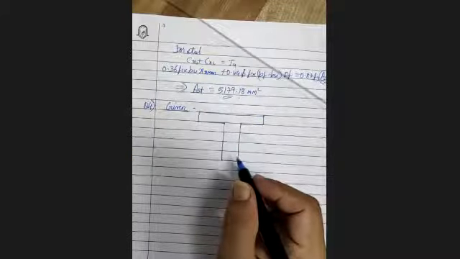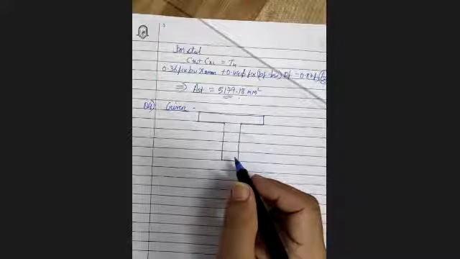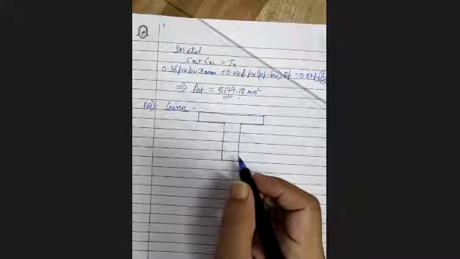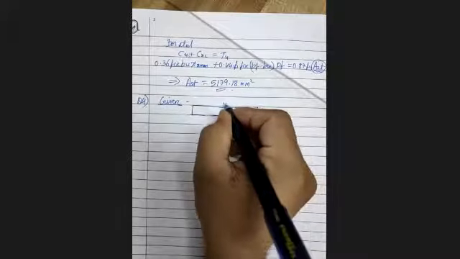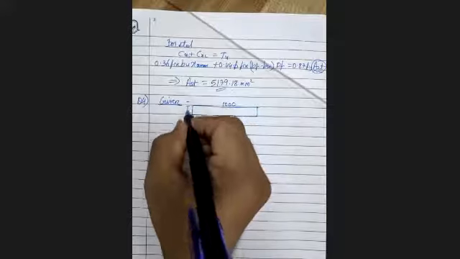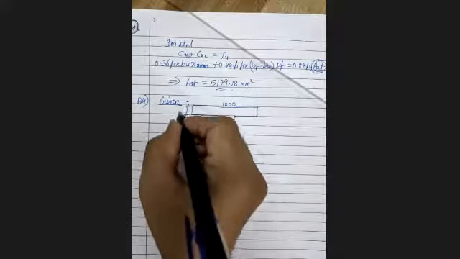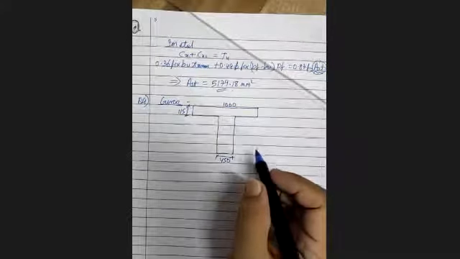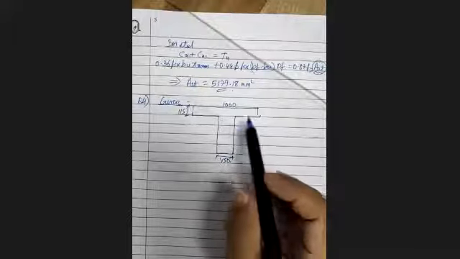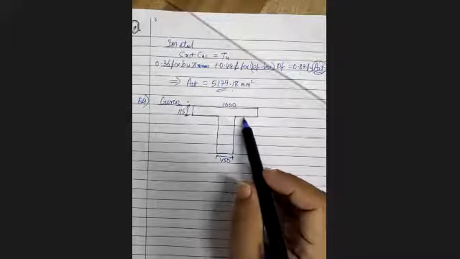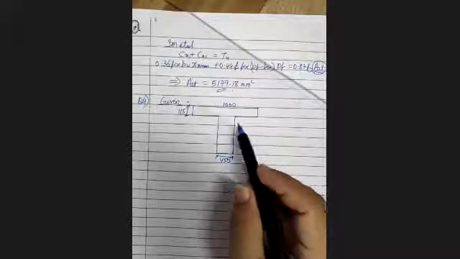Calculate the amount of tension reinforcement required. The grade is M25 and Fe415, and the details of the T-beam are as follows, which I am writing.